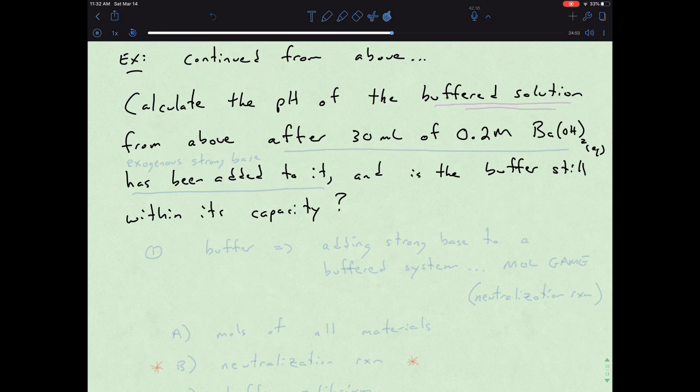So again, we still have that language of a buffered solution, but now we're doing something new. We're saying, what is the pH after 30 milliliters of 0.2 molar barium hydroxide has been added to it?